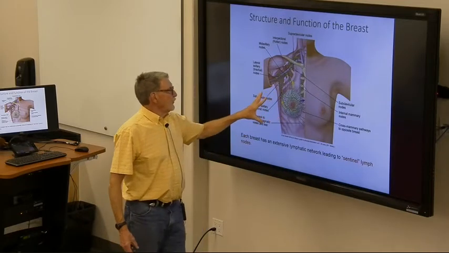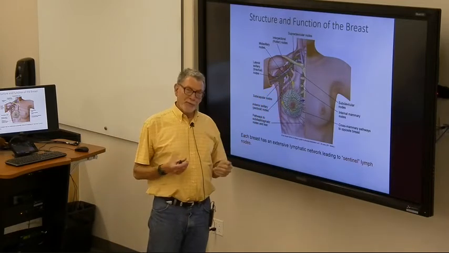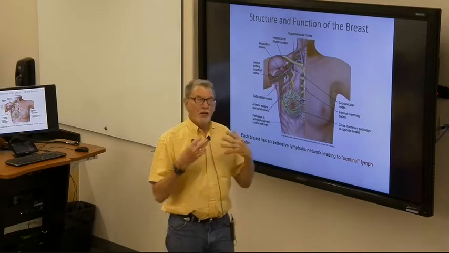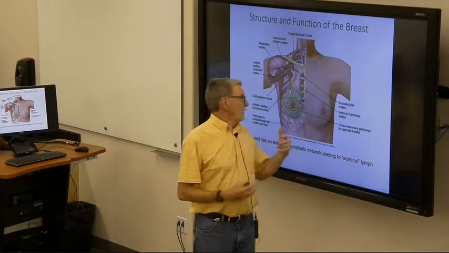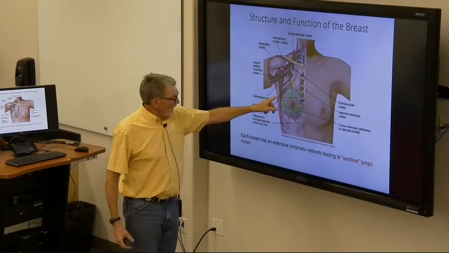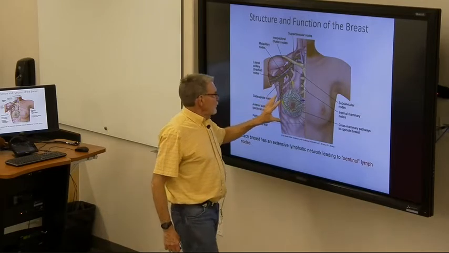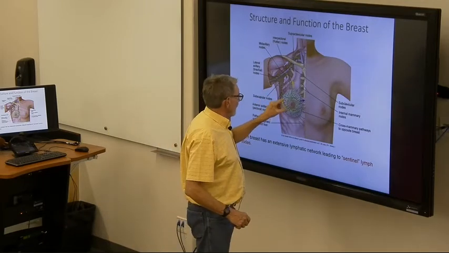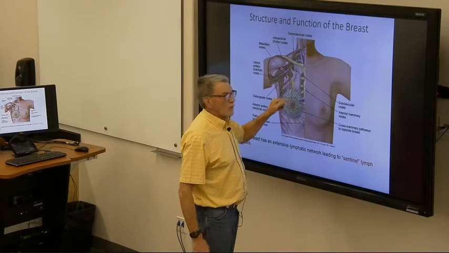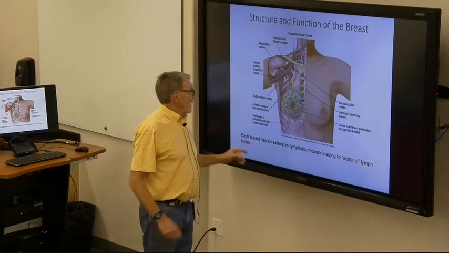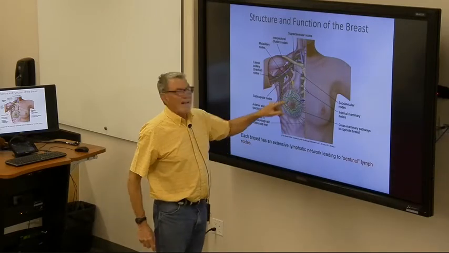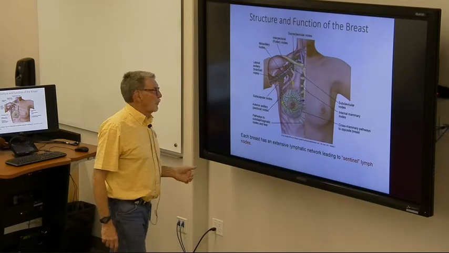And the breast produces a lot of fluid, so excess fluid is taken off by a very extensive lymphatic network. And each part of the breast, the lymphatic vessels lead into what's called a sentinel node. The sentinel, in other words, it's standing by, it's watching out for that part of the breast.